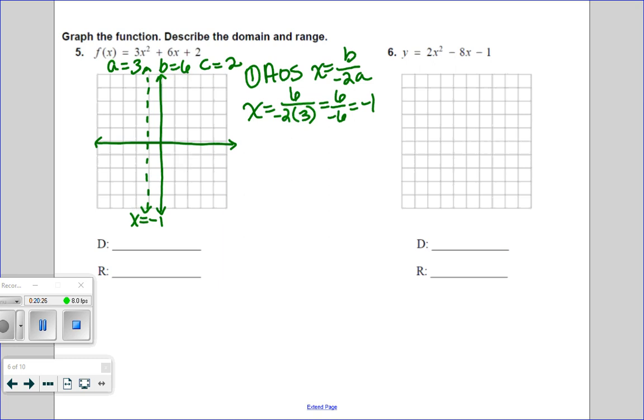Now let's take it a step further and find our vertex. So our vertex goes to what we did a moment ago, where we take this and plug it back in. Now that I know the x-coordinate has to be -1, I take our original function and plug in -1.